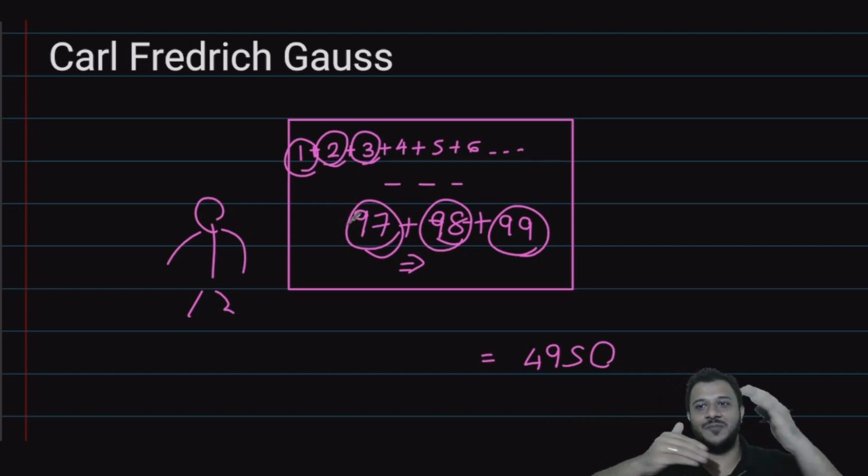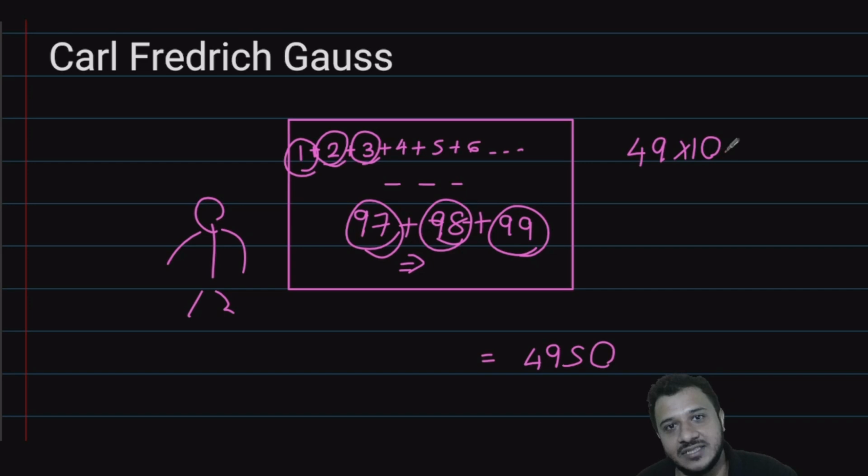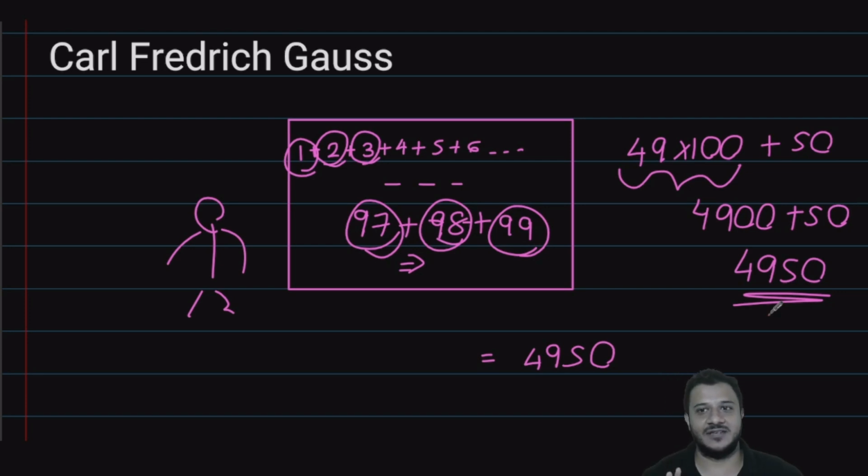If you keep adding like that, it keeps adding to 100 until 50. That means the first 49 numbers add up to 100 each, plus the 50. So that's 4,900 plus 50, which is 4,950. That's what he said.